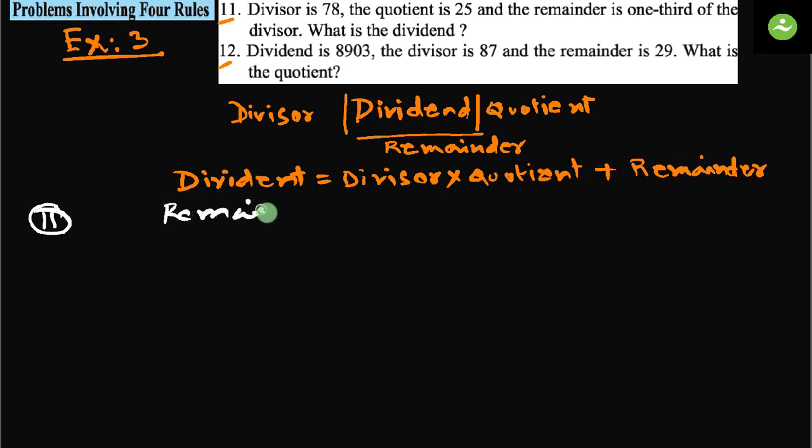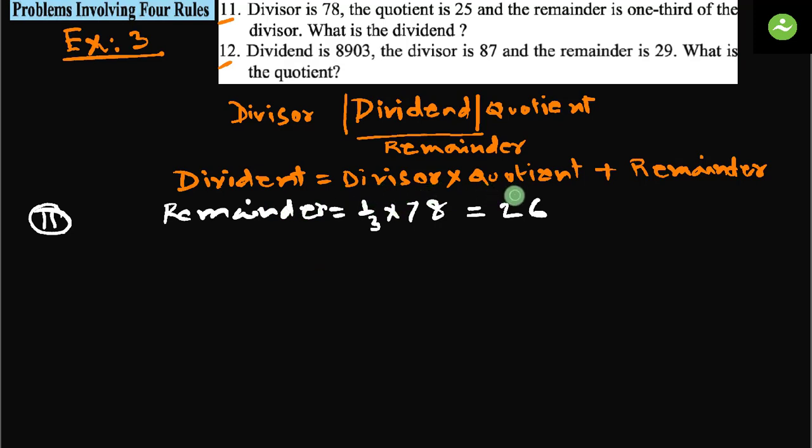Remainder equals 1/3 of divisor, 1/3 of 78 equals 26. Remainder 26.